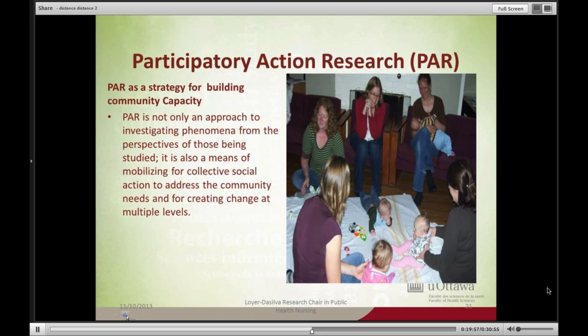So you see change, transformation happening within individuals as they become more passionate, as they learn more about their particular situation, the issues or factors that influence their situation. People feel this sense of empowerment.